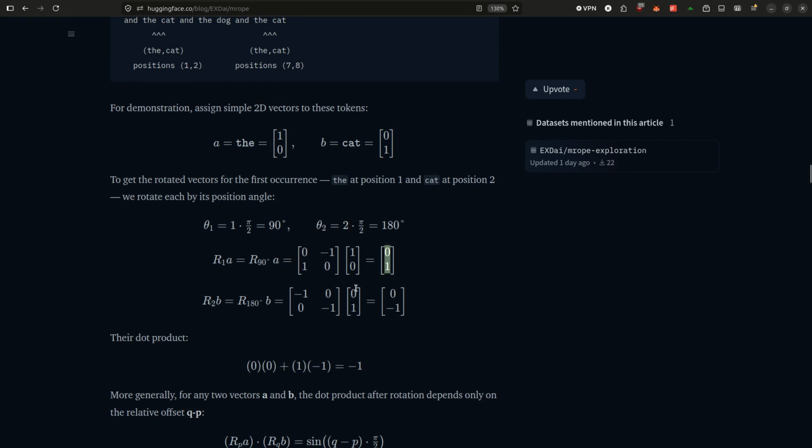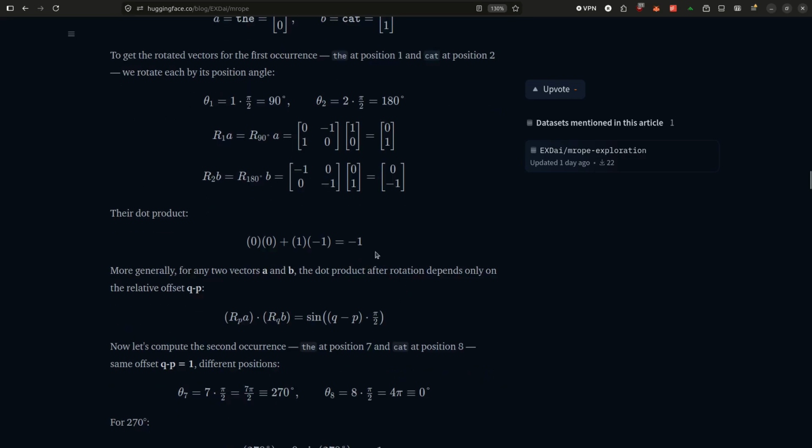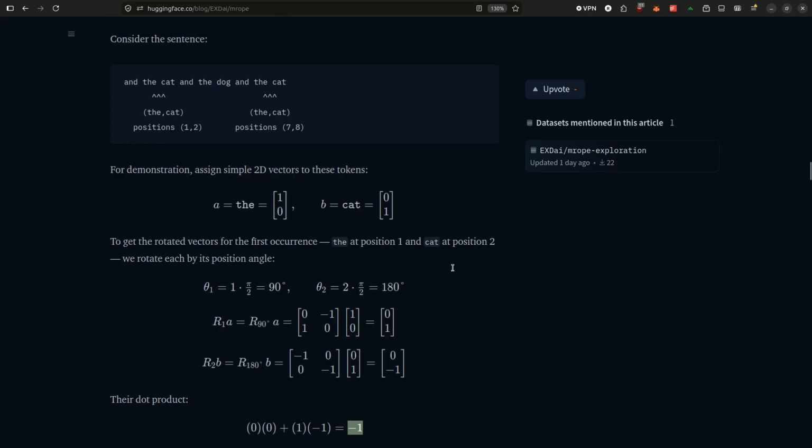So it's going to become 0, minus 1. Now we take the dot product of these two vectors, and you get the answer minus 1. So the dot product between the first instance of the and the first instance of cat is minus 1.